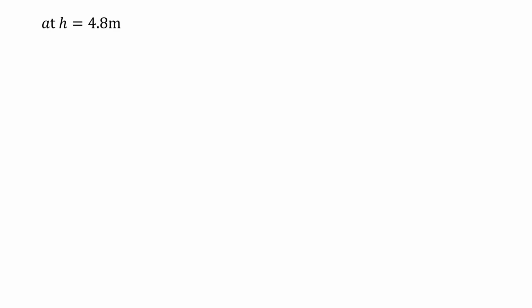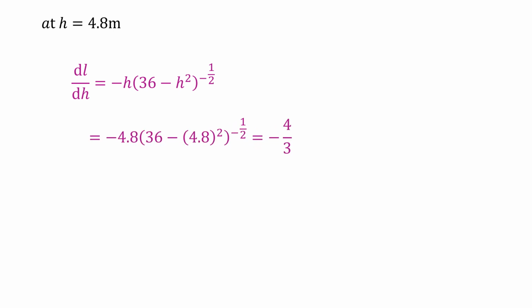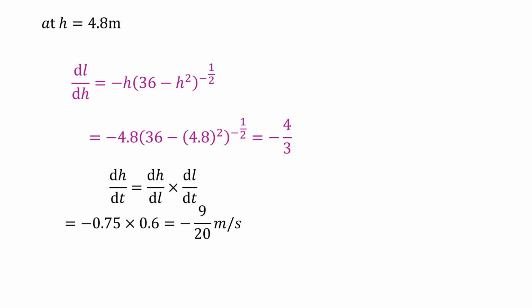Right, so we have managed to find dL over dh at the earlier slide to be negative h times bracket 36 minus h squared to the power negative half. So we're going to substitute our height to be 4.8 meter, and you end up getting negative 4 over 3. Then we need to find the connected rate of change for our dh over dt. So our dh over dt is just dh over dL times dL over dt.